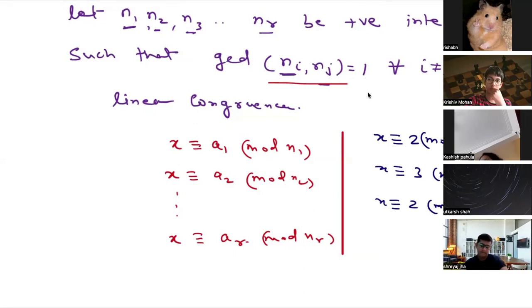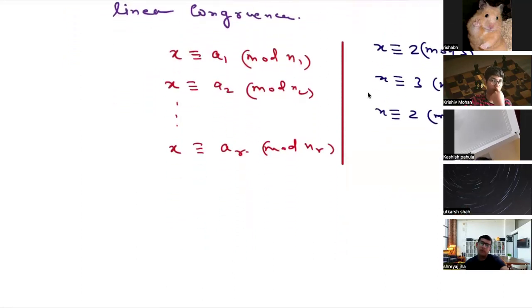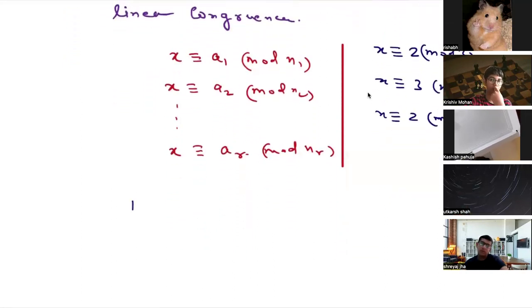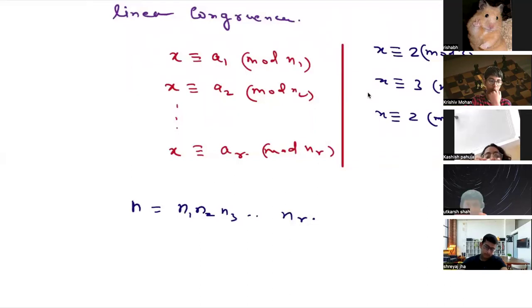Now, what does the Chinese remainder theorem say? Let n be the multiplication of all the numbers n1, n2, n3 up to nr, all having GCD 1, so no common factors are multiplied in this. So n is equal to n1 n2 n3 up to nr.